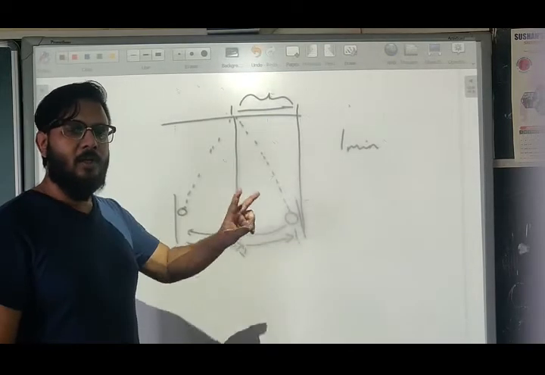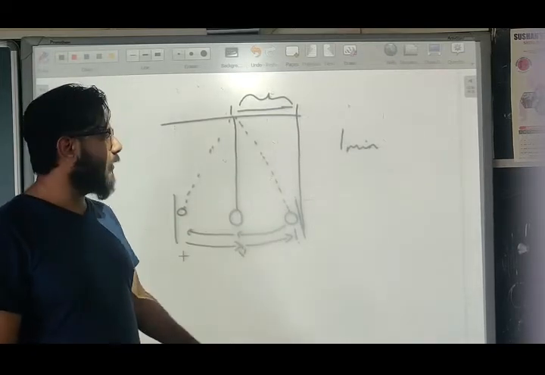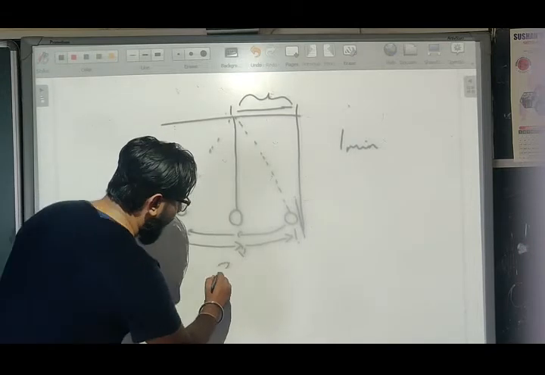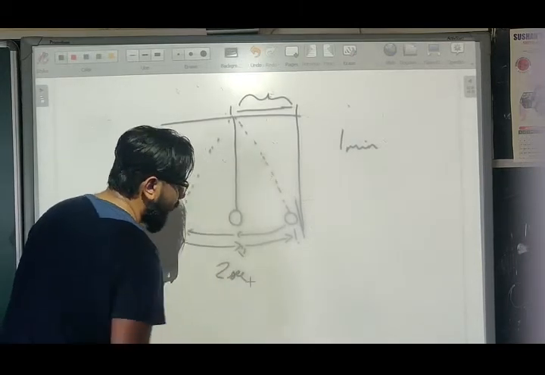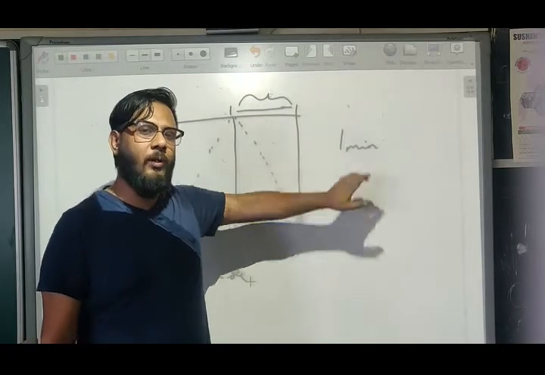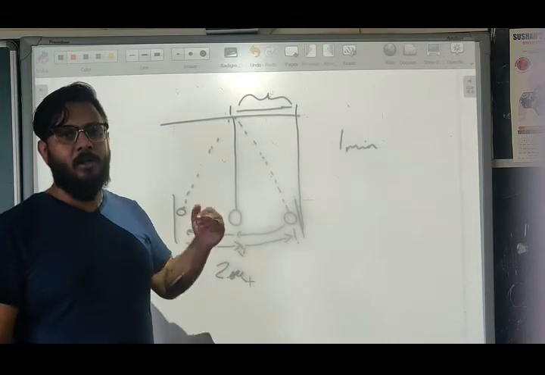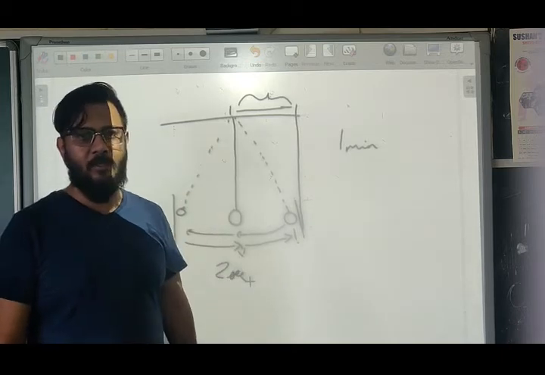So it is 2 seconds for one oscillation. If it is 2 seconds for one oscillation, how many oscillations are going to be there in 1 minute? That is your frequency.